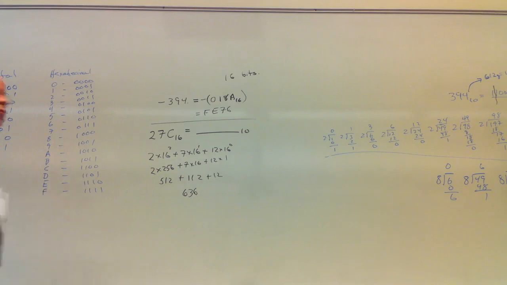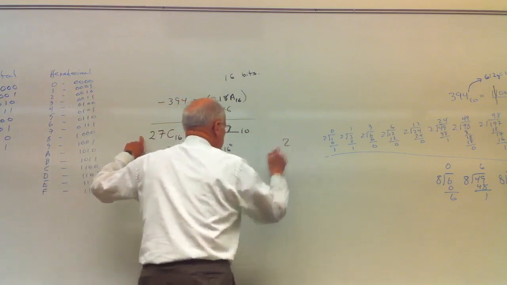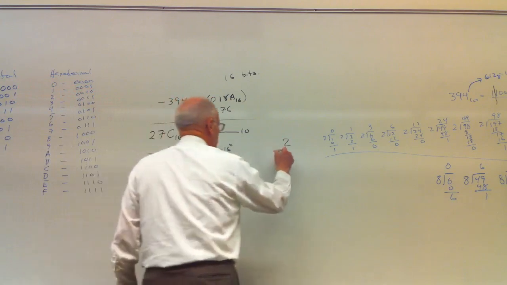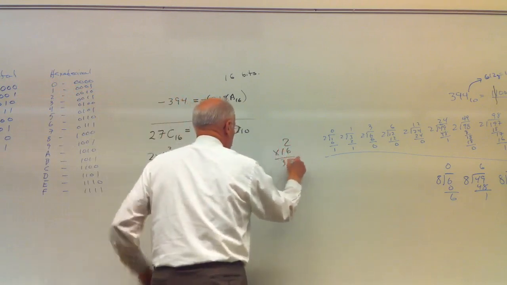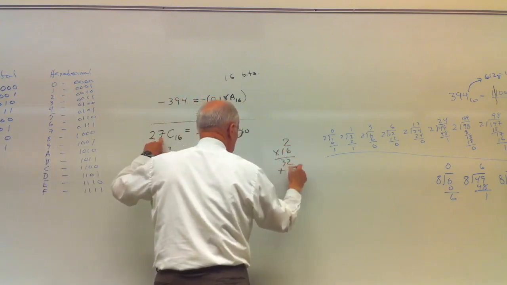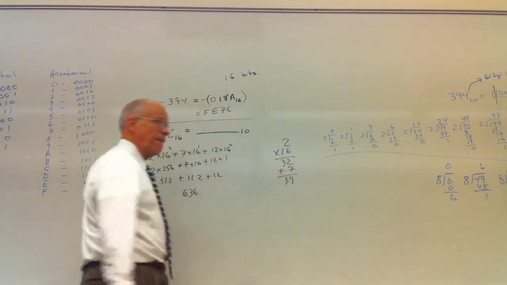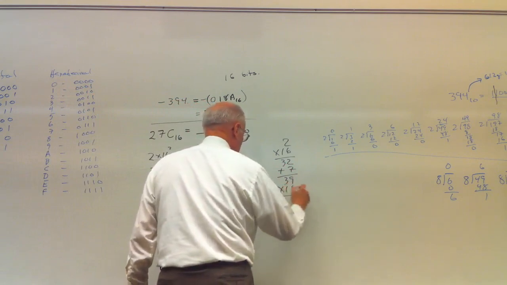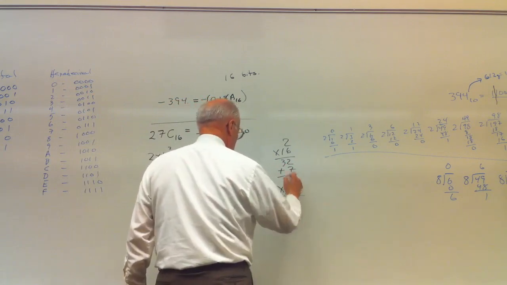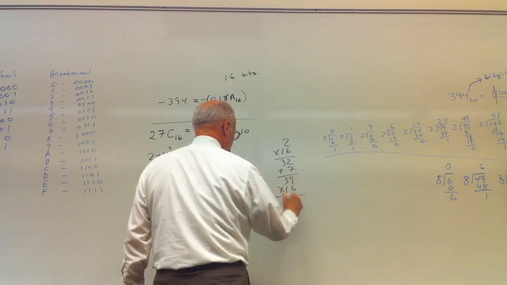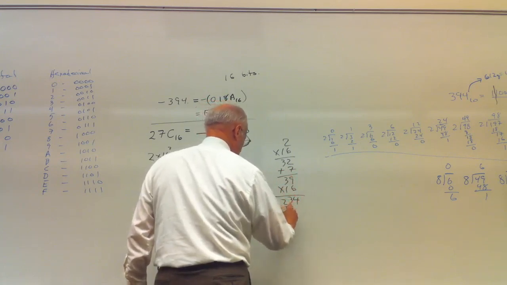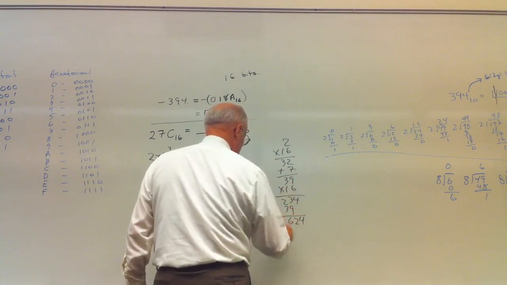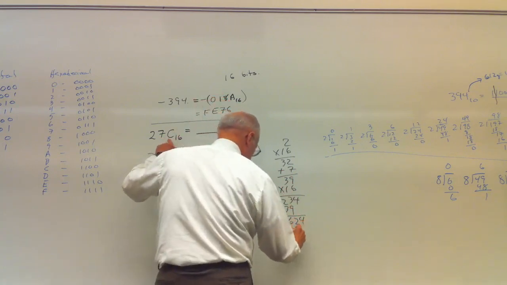Here's an alternative way of doing it. Take your leftmost digit, multiply by the base, add the next digit, multiply by the base, add the next digit.